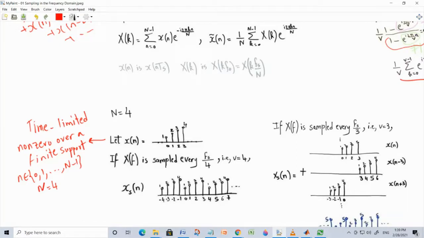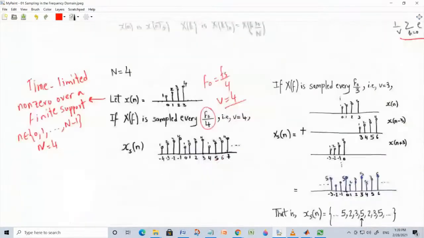Now what will happen if the DTFT of this signal is multiplied by a train of Dirac deltas that are separated by f0, and let's choose f0 to be fs over 4. So here f0 is equal to fs over 4, so v is equal to 4.